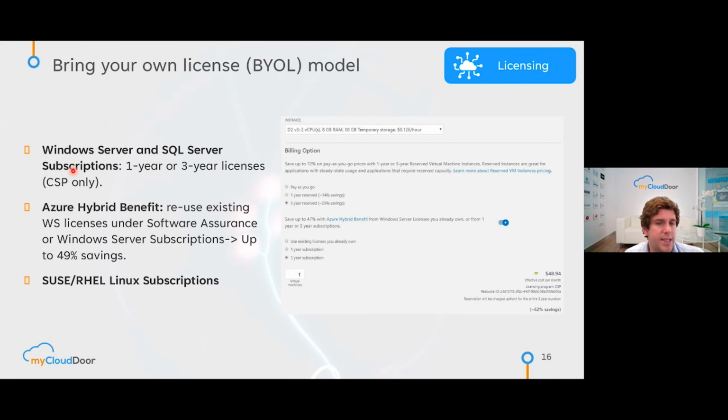Azure Hybrid Benefit means that I'm able to reuse existing Windows Server or SQL Server licenses, always if they are covered under software assurance. That can reduce the cost of a computing resource by up to 49%. The same can apply for SUSE or Red Hat licenses, so you are able to acquire them directly from the provider instead of paying for them by the minute.